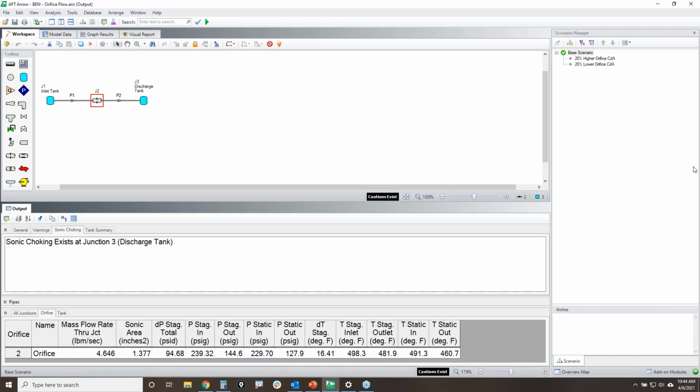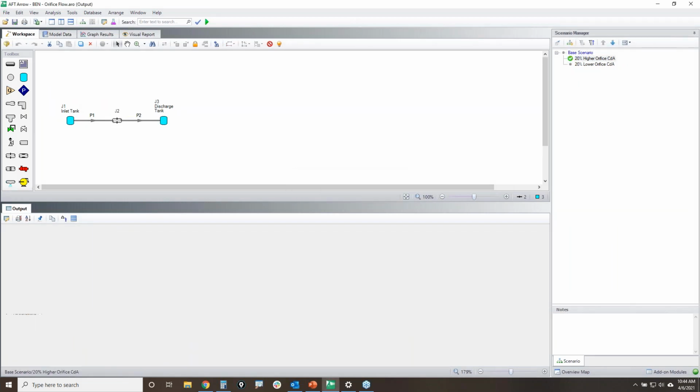There we go. So here's my sonic area, 1.377. What we're going to do is try and make our CDA value 20% larger and 20% smaller than our sonic area. And we're going to see if that makes an impact on our results.